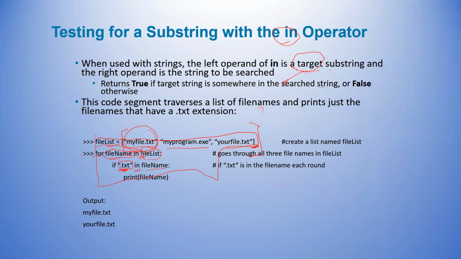The first time it will be this. The second time it will be this. The third time it will be this. If the text is in this file_name, then print it out, file_name. So the output will be this, okay?